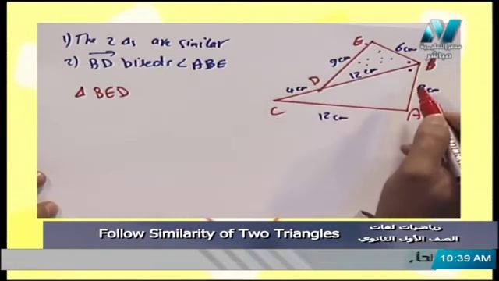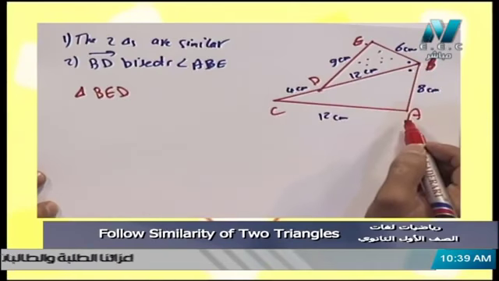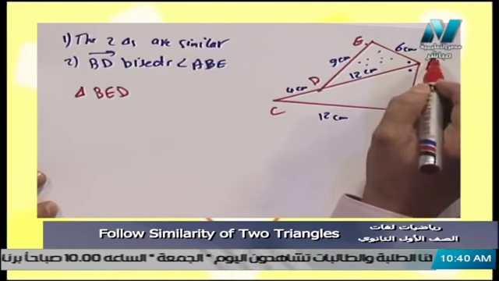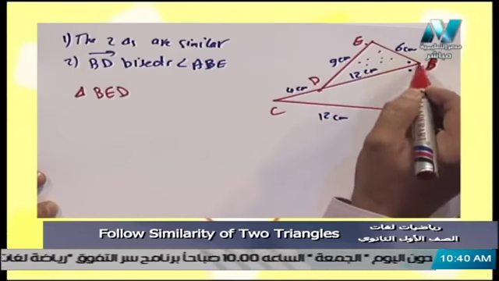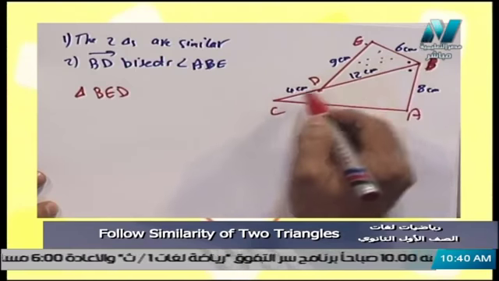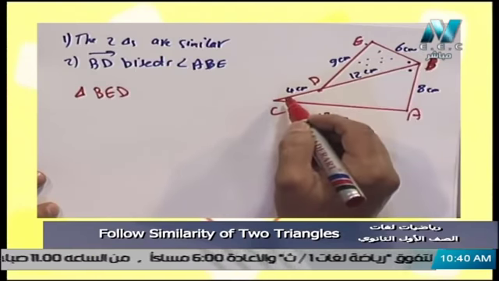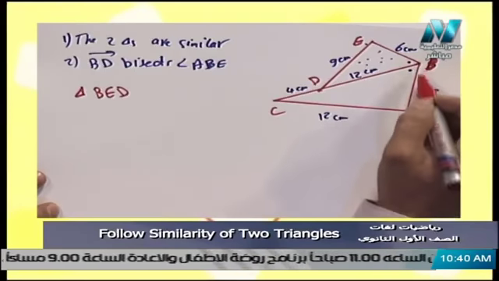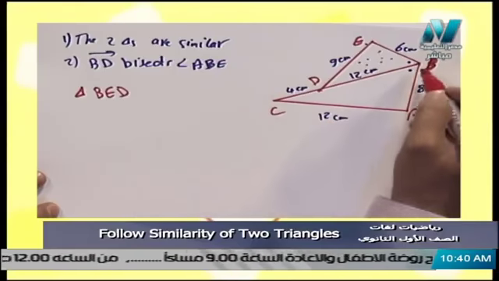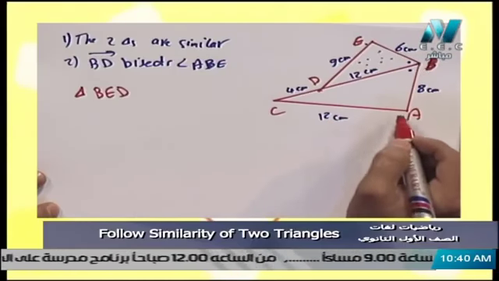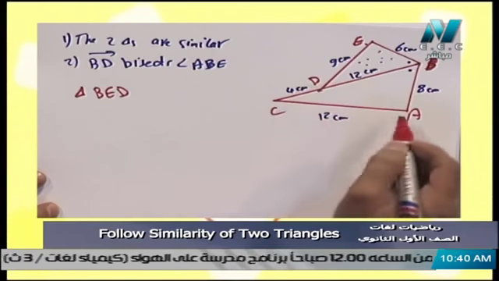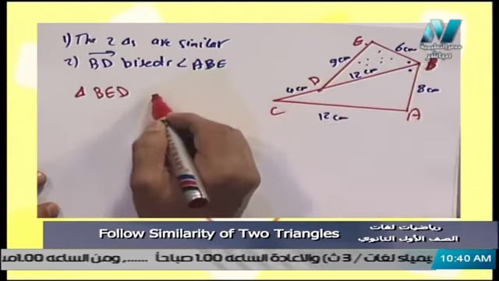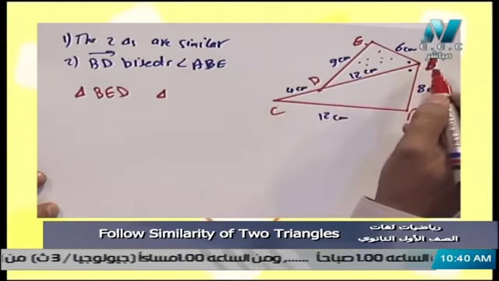And the other triangle we have here, BA equals 8, AC equals 12, and the last side, BC, equals 12 plus 4, which is 16. So we can name it BAC, because BA is the smallest, AC is bigger, and BC is the biggest. So we can say triangle BAC.